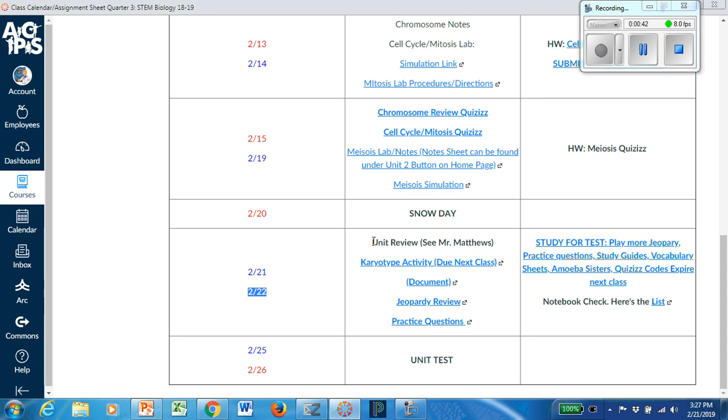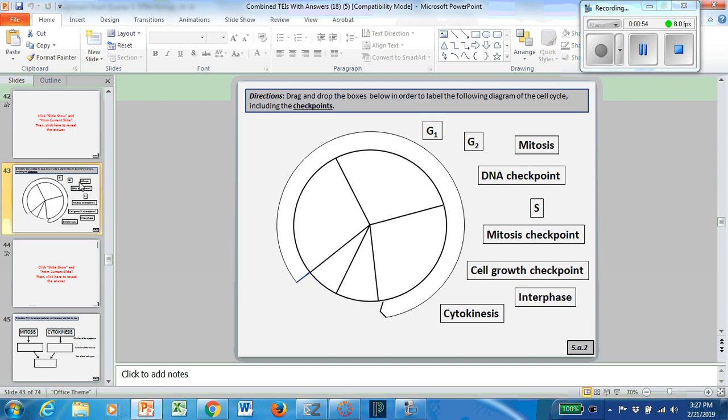I think they're a really good way to connect both mitosis and meiosis together, and look at the similarities and the differences. Essentially, you're going to have these pictures and graphic organizers to work with and put everything together. What I'm going to be checking on Tuesday are answers to these.